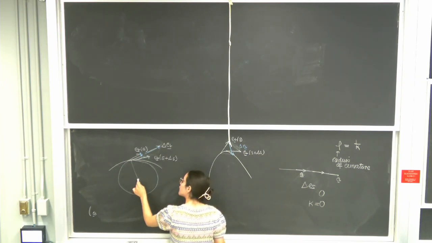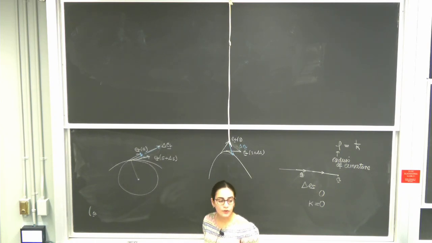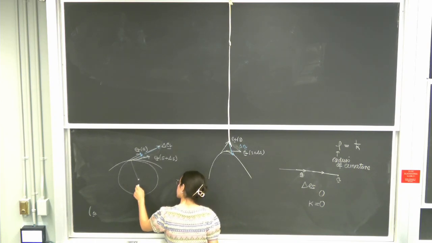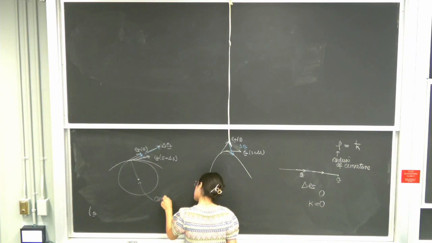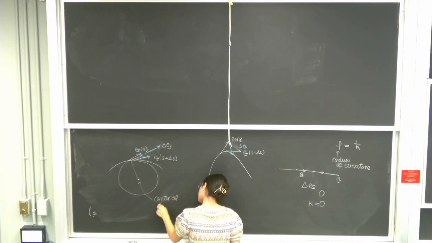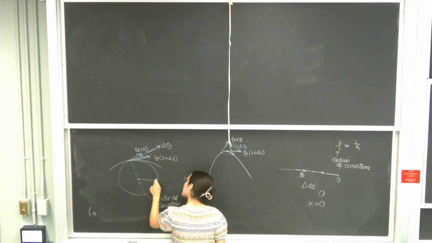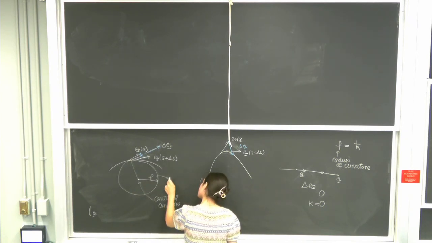The center of that circle is called the center of curvature, and the radius of that circle is called the radius of curvature.